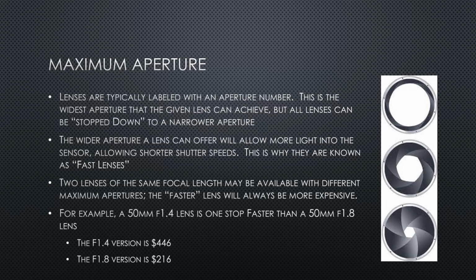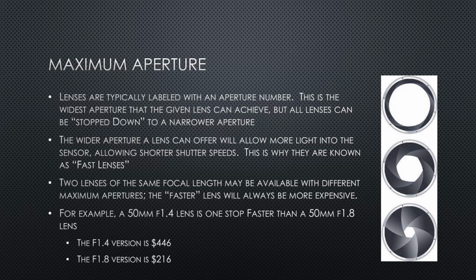When a lens is marked as being an f2.8 lens, what that means is it can open up as wide as f2.8. It doesn't mean that the only aperture that the lens can be used at is f2.8. An f2.8 lens could be stopped down or closed in to a smaller aperture like an f4 or an f5.6 or an f8, probably all the way down to an f22.